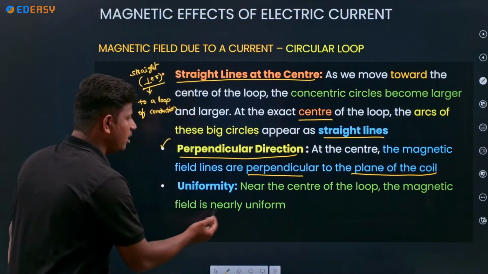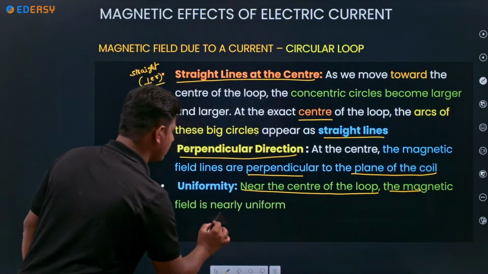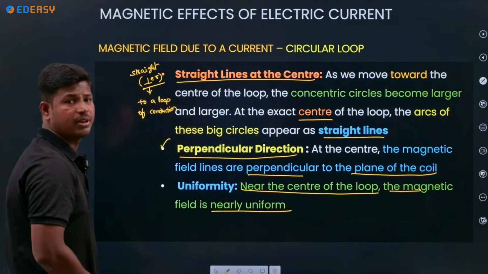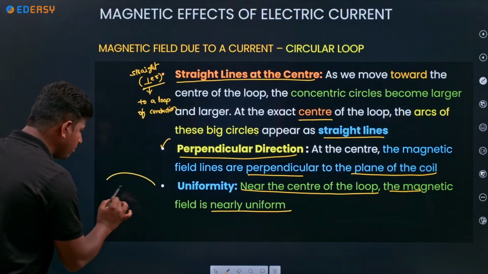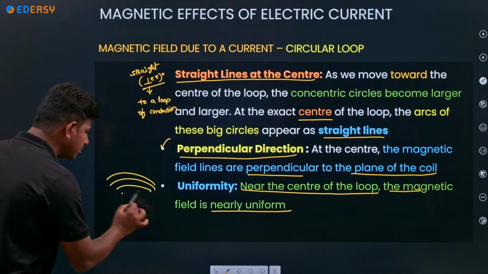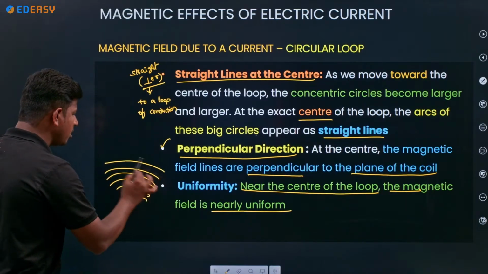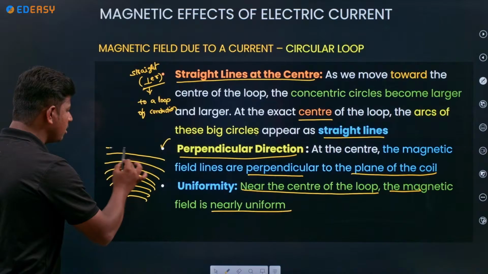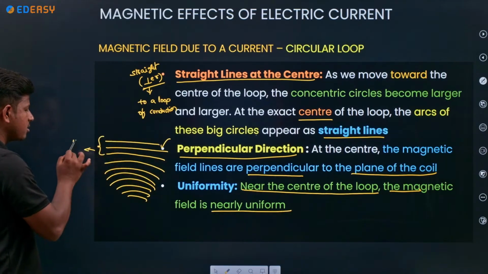So yeah, near the center of the loop, the magnetic field is very nearly uniform. Okay, nearly uniform. See, from the bottom, how will it be? Like this. Whenever it is going, it forms uniform lines.